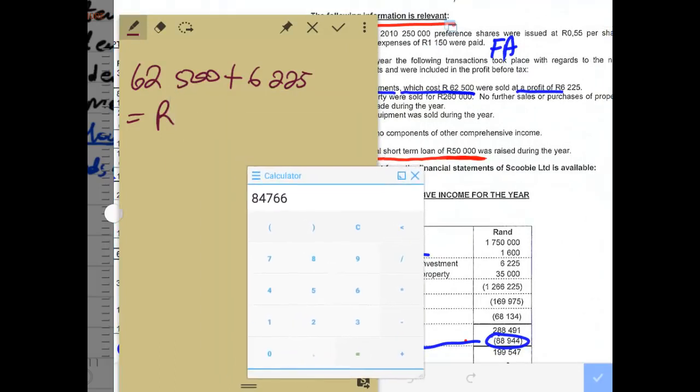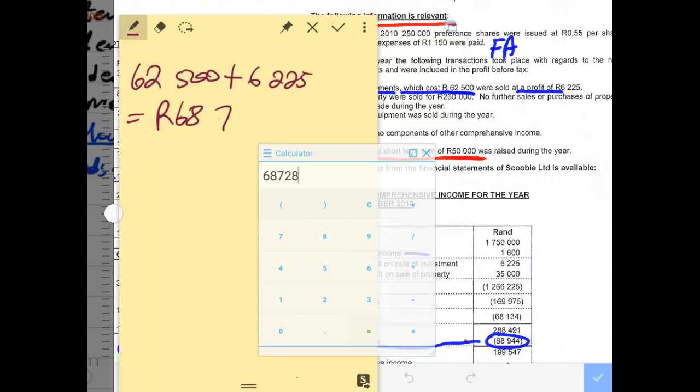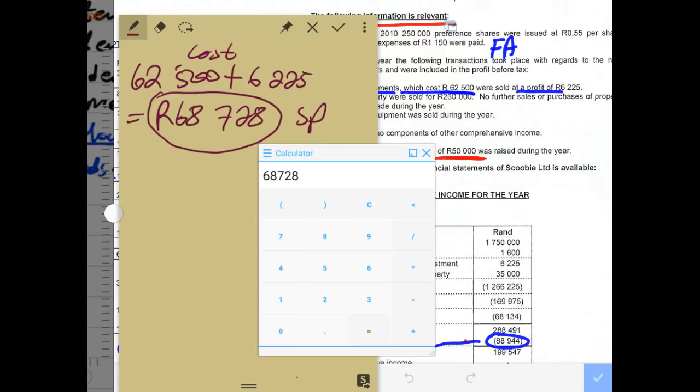That is why when we calculate the money received, it will be 62,500, which is the cost of the investment, plus 6,225. That will give us a total of 68,728. Meaning, although the cost of the investment was 62,500, the investment was sold at a selling price of 68,728 in order to get a profit of 6,225.